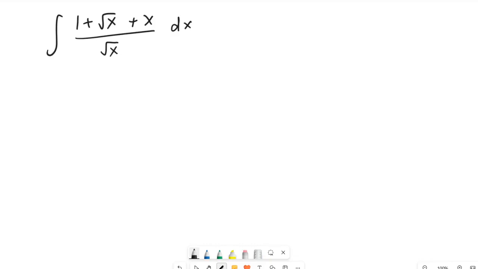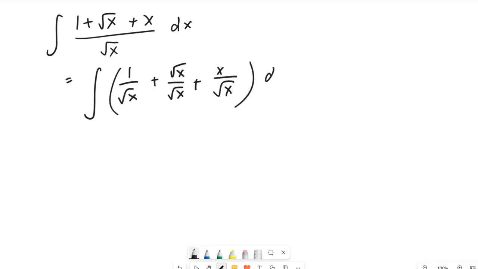Here we have another problem. This has radicals and also it is in a fraction. It's a quotient. So we don't have a direct method to solve it, but we can write it as 1 by root x plus root x by root x plus x by root x, all with respect to x. Root x means x to the power half.